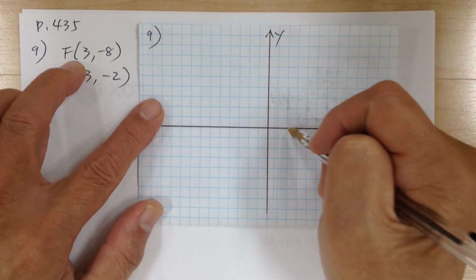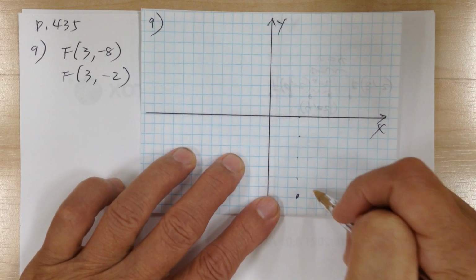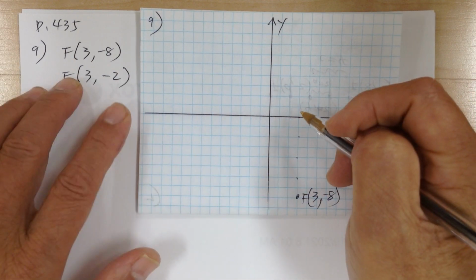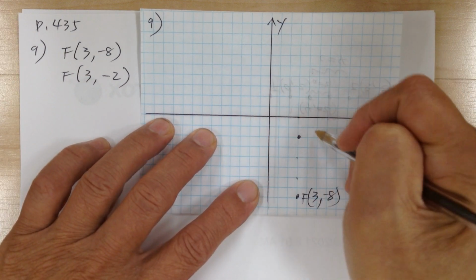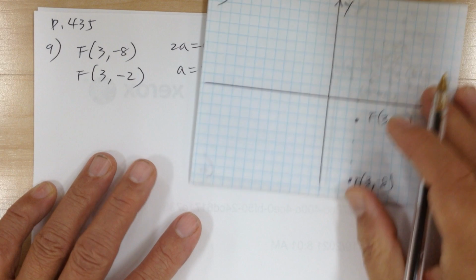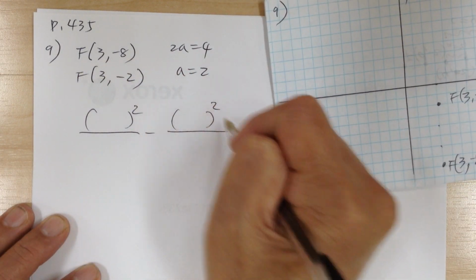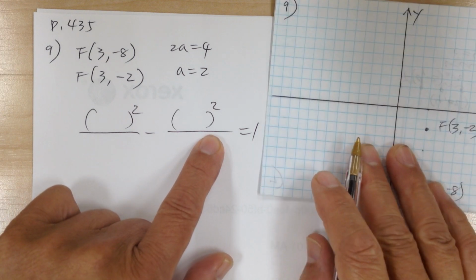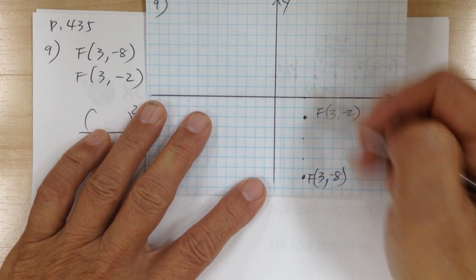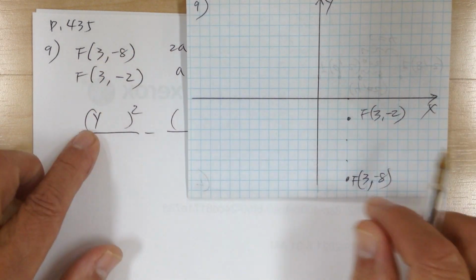So you got (3, -8) and you got (3, -2). Okay, so this is a hyperbola, so you can get your template ready. So that's your template, right? So first you have to figure out the direction. By plotting these 2 points, you can see it's going to be the y direction. So y goes first. Okay?